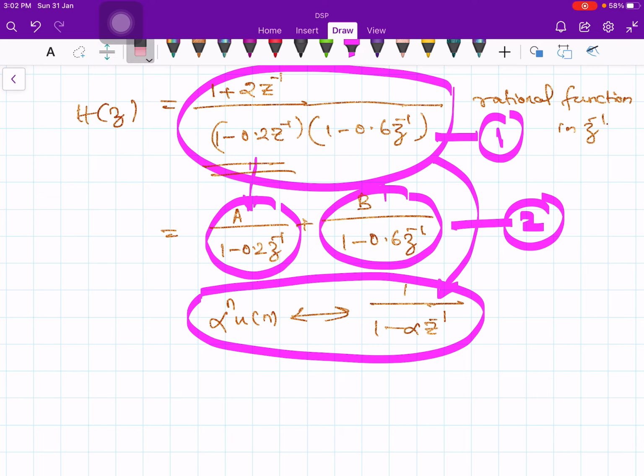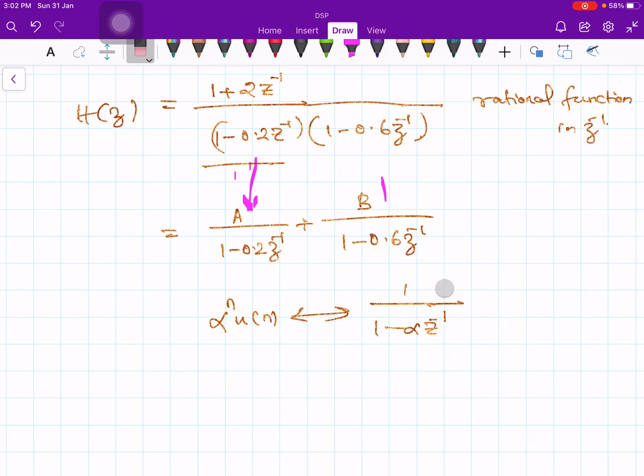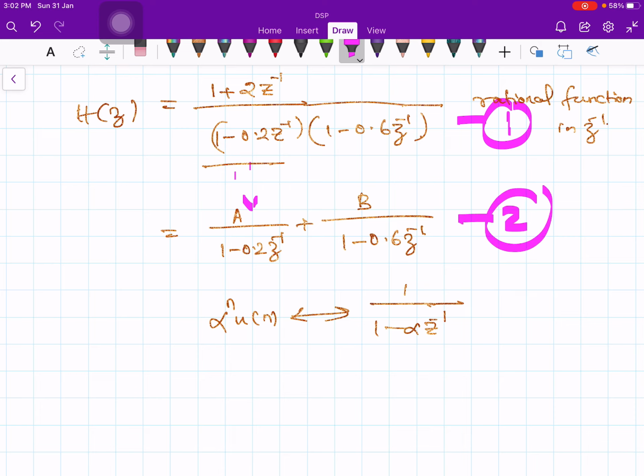Let me write down, this is equation number 1 and equation number 2. Now if you can express equation 1 in equation 2 form, then your job is done. The only thing is you need to find out A and B. A and B are found in the usual manner. We know how to do that.